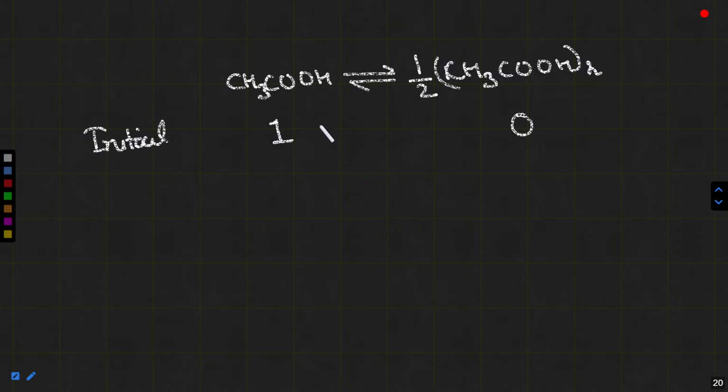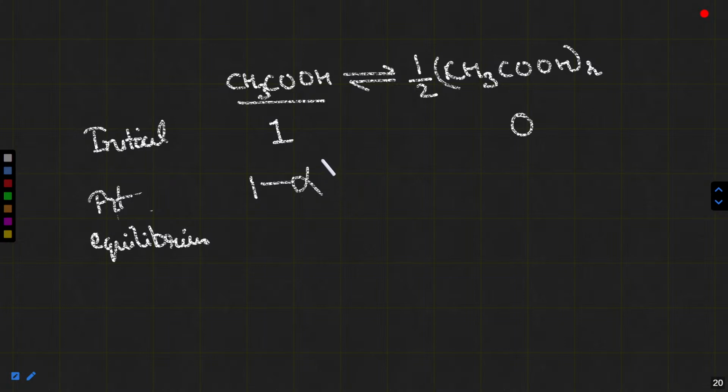So before the introduction of acetic acid into benzene, one molecule was present, right? Now after we dissolve, or more appropriately at equilibrium, what will happen? Alpha amount of CH3COOH will associate to form alpha by 2 molecules.